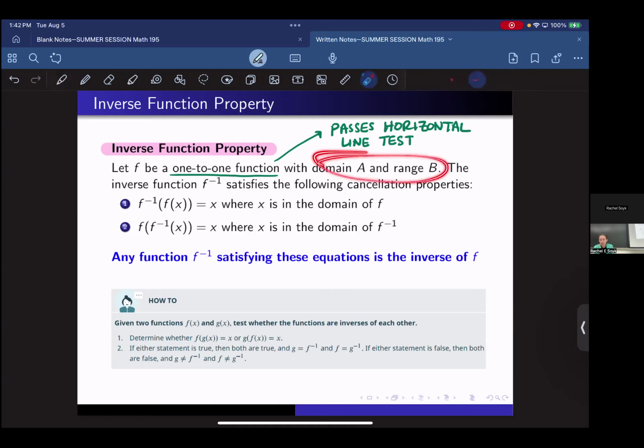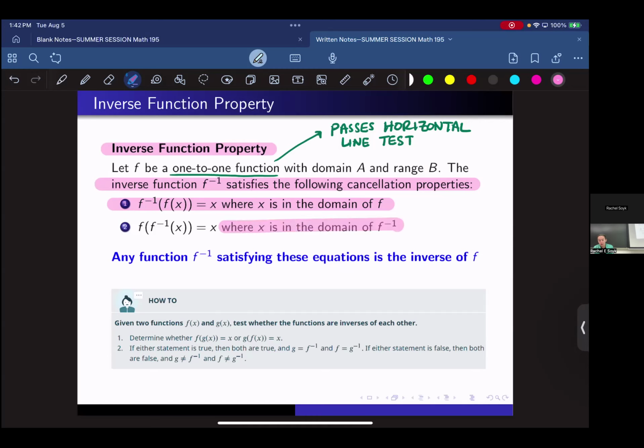With domain A and range B, the inverse function f inverse satisfies the following cancellation properties. So think of composition of functions now. F inverse of f of x is x, where x is in the domain of f. And then you can do the reverse. F of f inverse x is equal to x, where x is in the domain of f inverse.